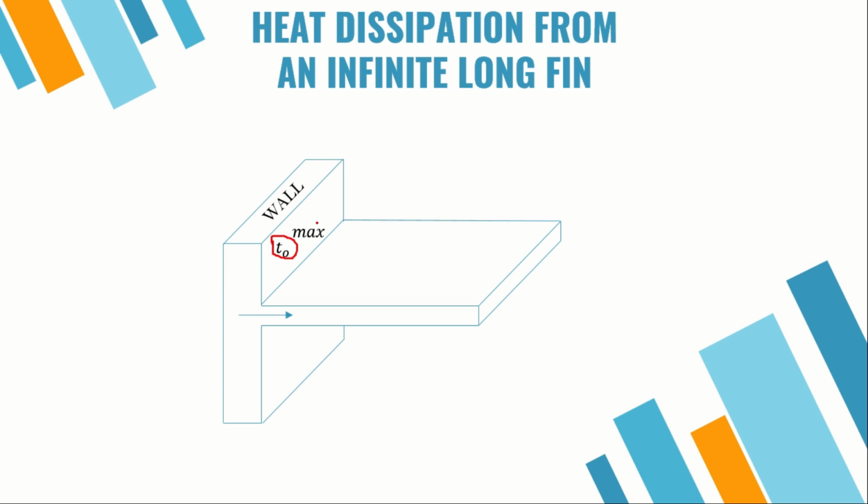We have assumed that the temperature of the wall is T naught, and it is the maximum temperature. Now del here is the thickness of the fin, B is the width of the fin, and TA is the ambient temperature, that is the atmospheric temperature.